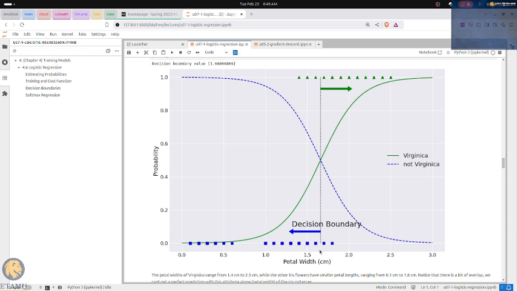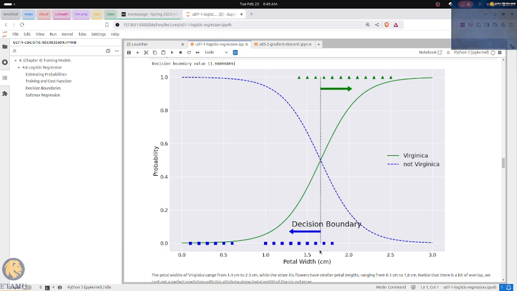So if our decision boundary ends up being there, approximately 1.66 for the petal width here, then anything above that, when we put it through logistic regression, will get predicted as a 1, or a Virginica, in our data set here.